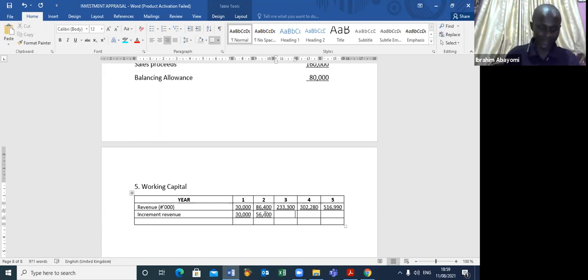233,300 minus 86,400 will be 146,900. From there, it increased to 302,280. So 302,280 minus 233,300 will give us 68,980.